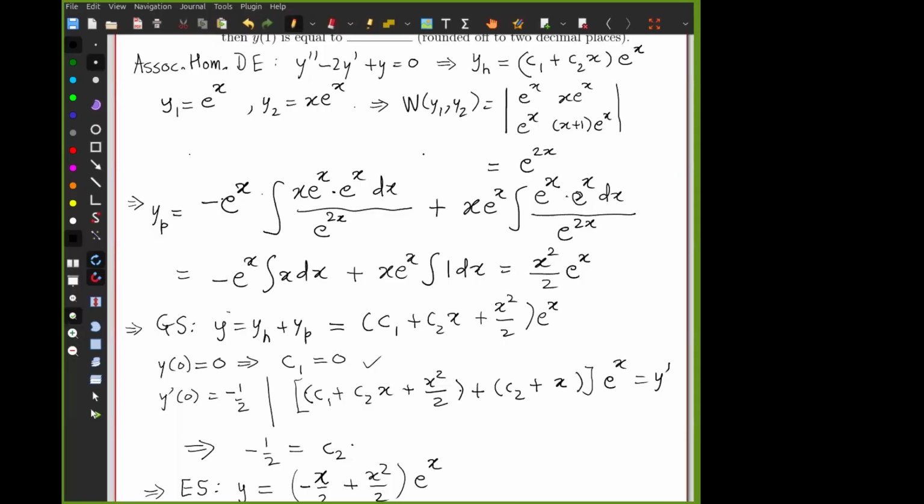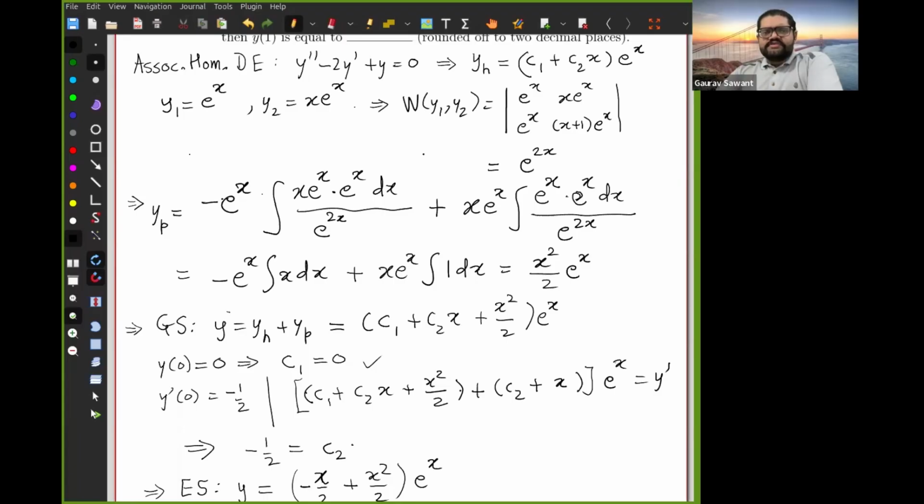If I take R(x) as sin x, suppose, then the choice of y1 and y2 will be different. Not really. See, the y1 and y2 are already provided to you by the auxiliary equation.